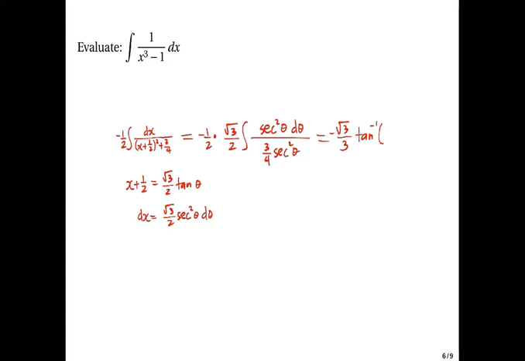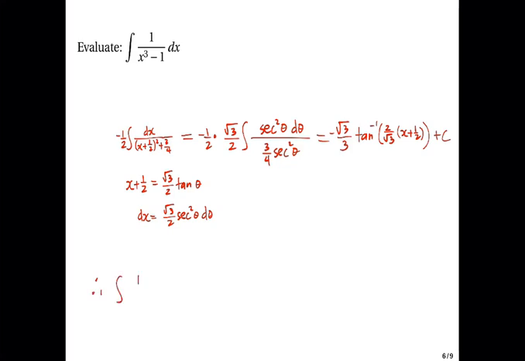Because it's just theta, from here you will have 2 over square root of 3 times (x plus 1/2). So fill in the details. That's what you will get in this part. Because here, cancel, you just have integral of d theta and integral of d theta. That's just theta. So you compute for your theta here, you will get this expression here. And of course, you have the plus c.